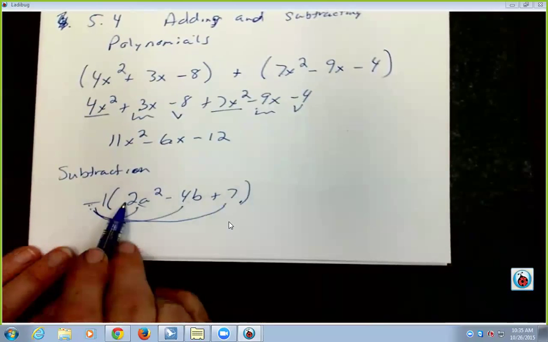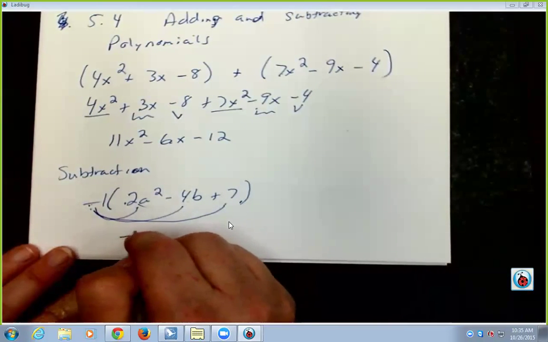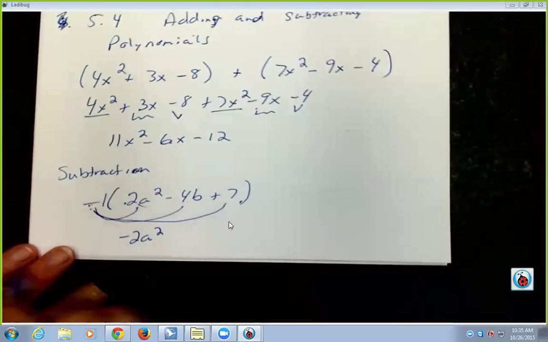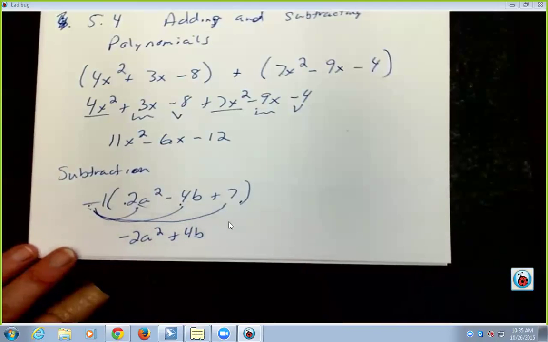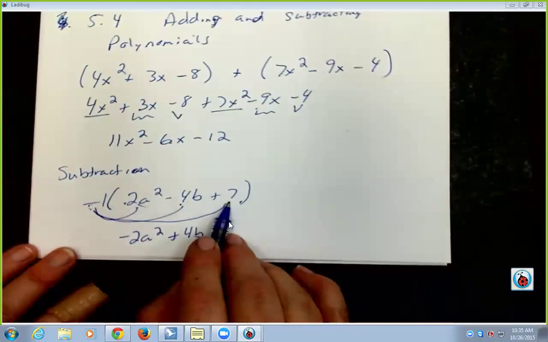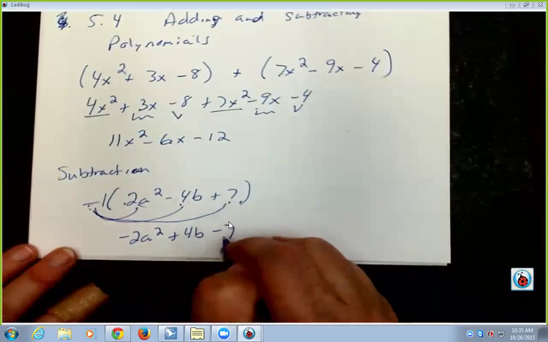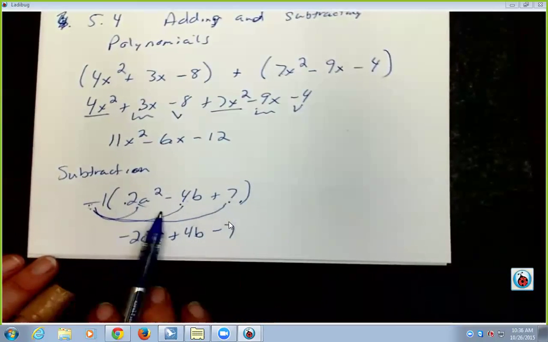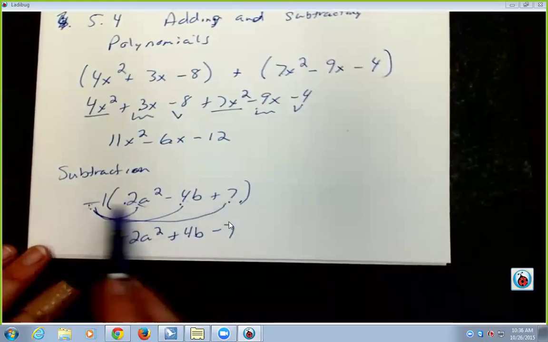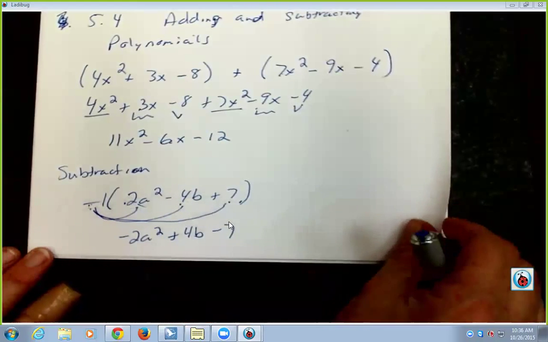So a negative 1 times a positive 2a squared is a negative 2a squared. Negative 1 times a negative 4b is a positive 4b. Negative 1 times a positive 7 is a negative 7. So we end up having that part in there. And so it's just basically changing your signs on this part. So again, distributing and making sure everything gets a negative.